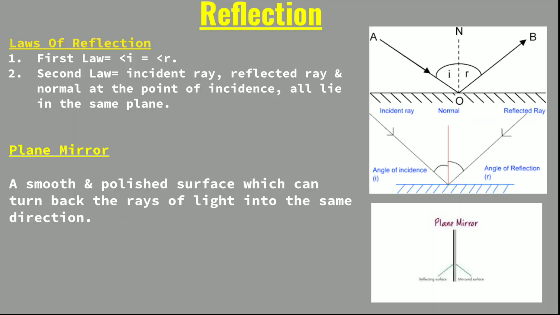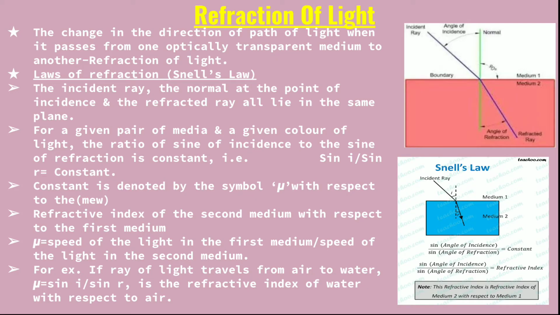Now in Class 8, we are studying the refraction of light. So what is refraction of light? It is the change in the direction of the path of light when it passes from one optically transparent medium to another optically transparent medium.